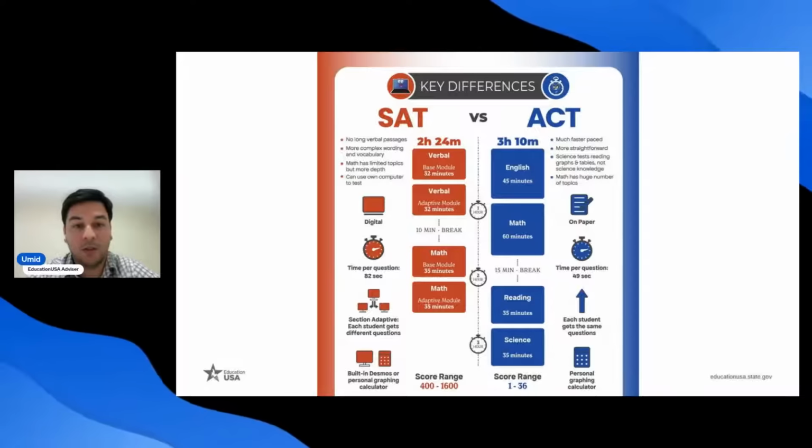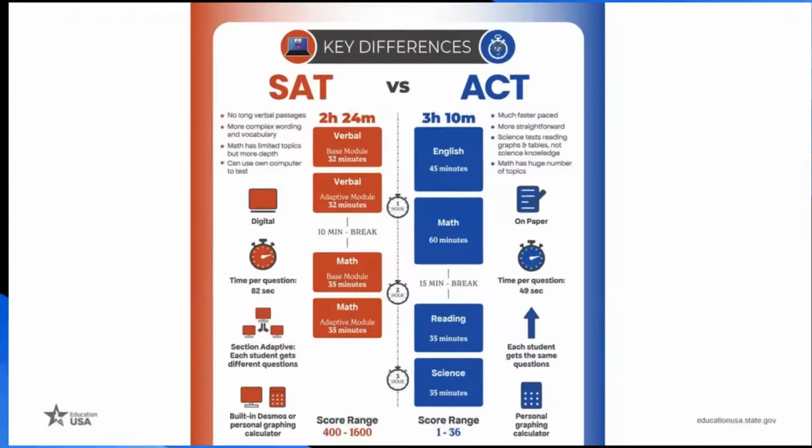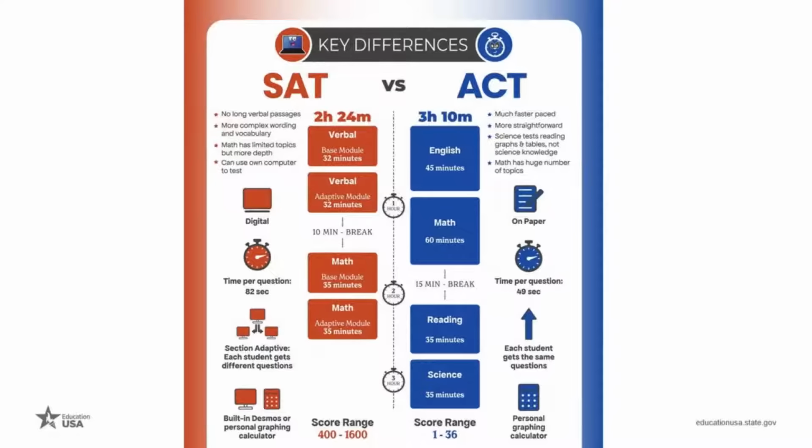The SAT is now available in digital version, while ACT is only on paper. And the time per question in SAT is much higher. You have 82 seconds per question, while in ACT you have to think faster and answer. You have 49 seconds for one question. The SAT is section adaptive, so each student gets different questions, whereas in ACT each student gets the same questions.